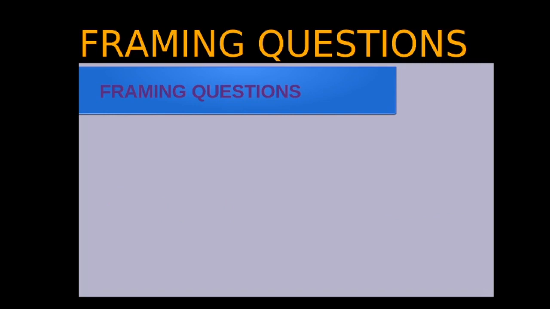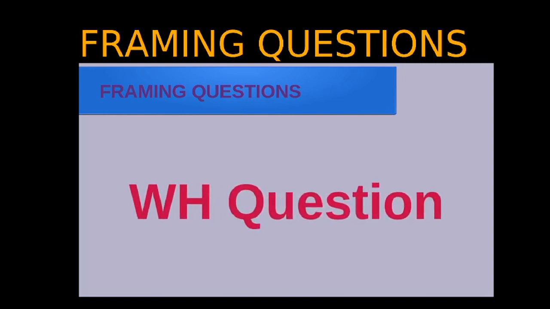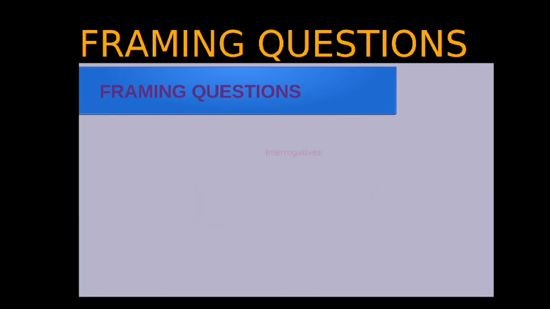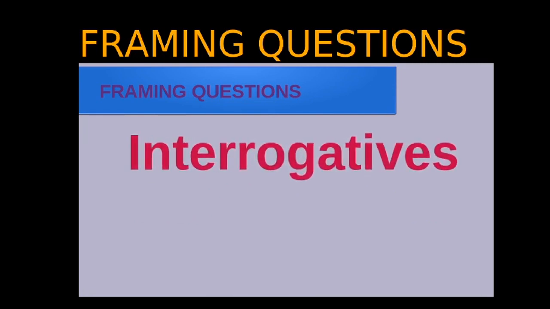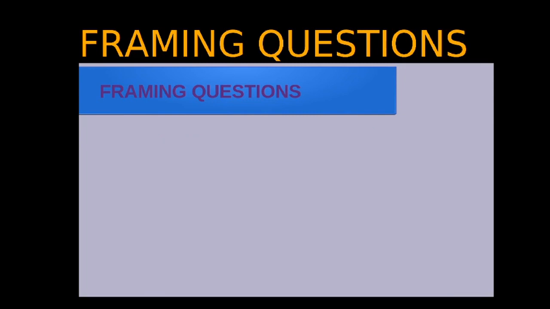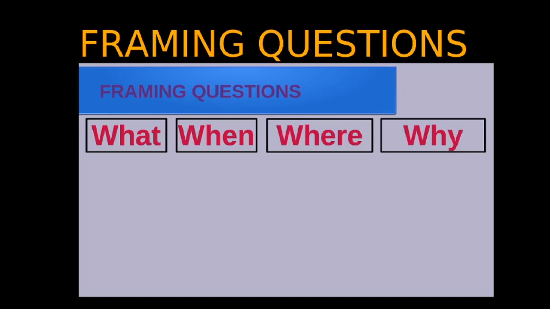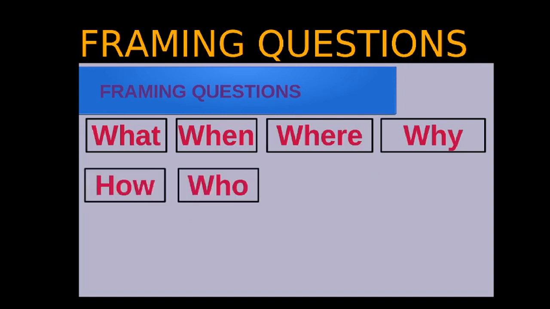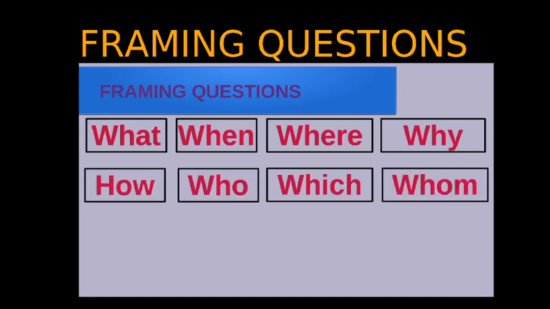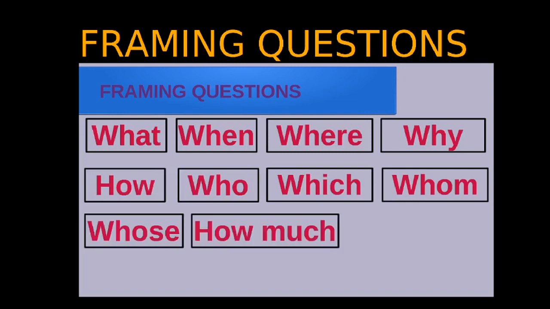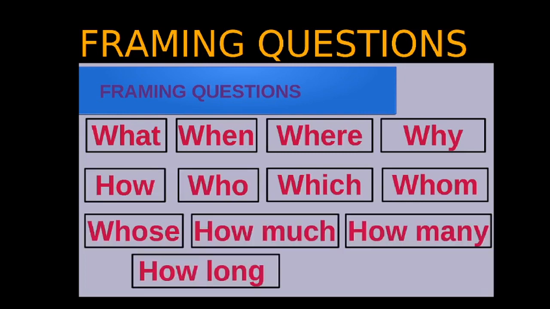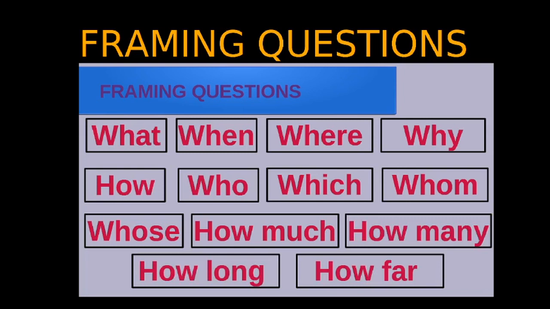Coming to our next type of question, WH questions. WH questions are also known as interrogatives. They are what, when, where, why, how, who, which, whom, whose, how much, how many, how long, and how far.